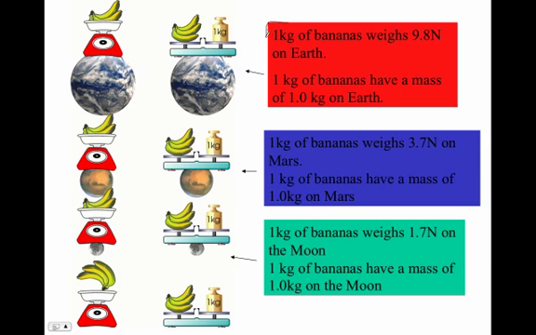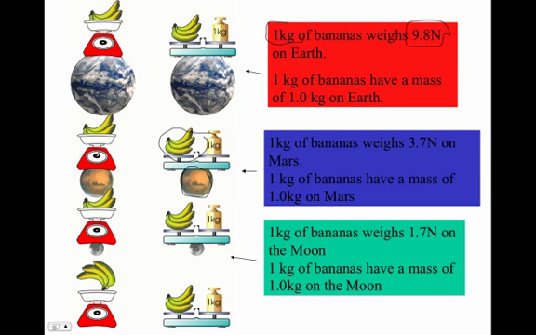If we have 1 kilogram of bananas, its weight is 9.8, or approximately 10 newtons. If we move those bananas to a smaller planet like Mars, what is the mass of the bananas? It's still the same number of bananas, 1, 2, 3 bananas, so it's 1 kilogram. But what about the weight on a spring scale?